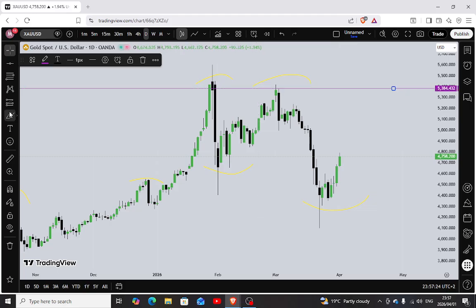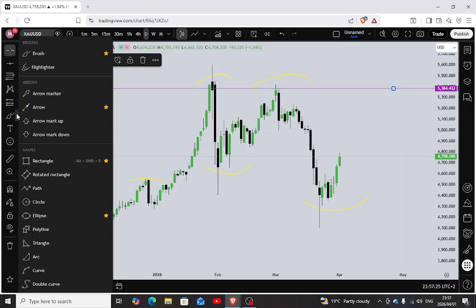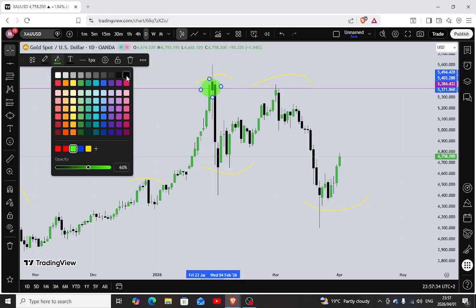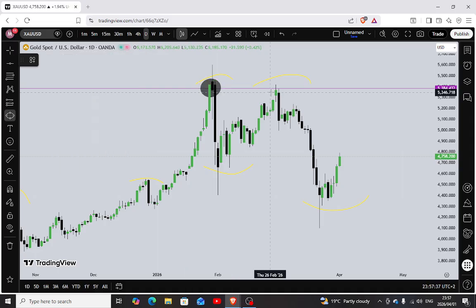But what we really want is the market touching a lot of price points, a lot of price action.